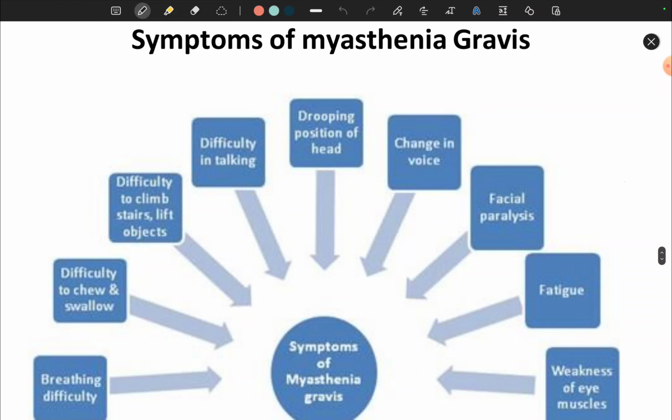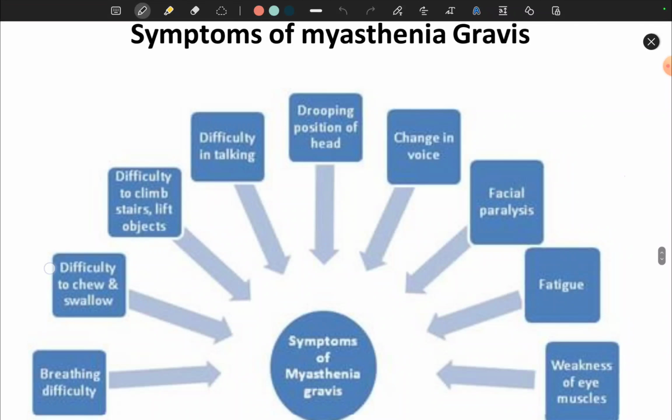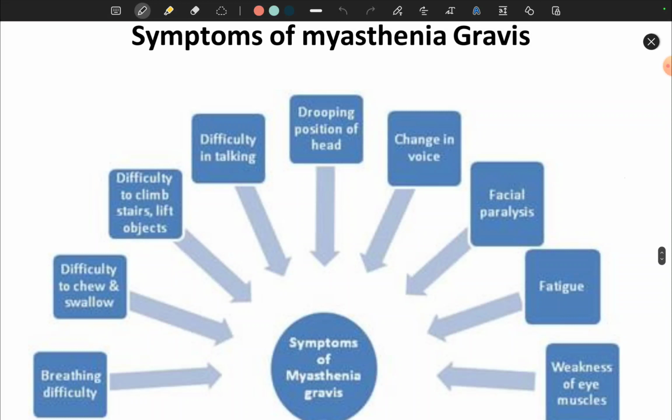The patient notices a continuous process of weakness of the face. When you talk to the patient, you hear there is a slurring of speech because the muscles of the tongue are weak. And even when they swallow, they have difficulty in swallowing. The face expression, as I will show you in the figure, is also typical for myasthenia.